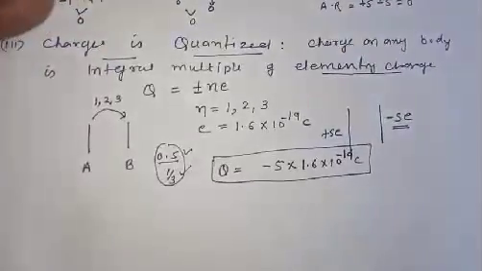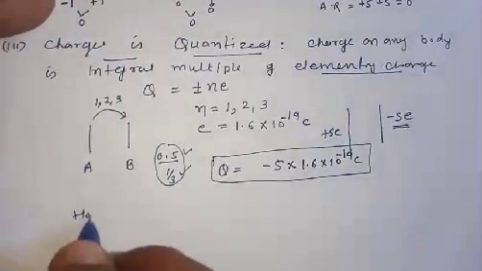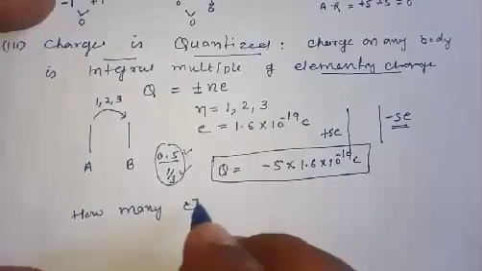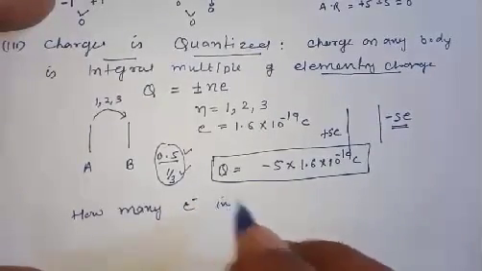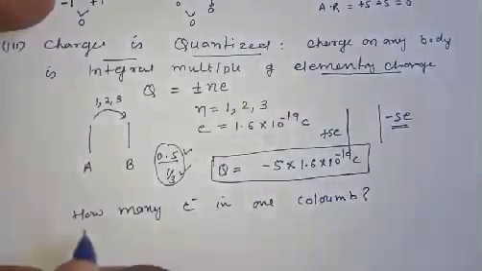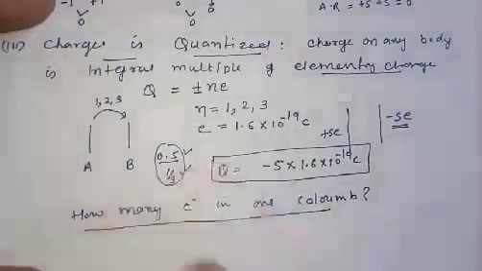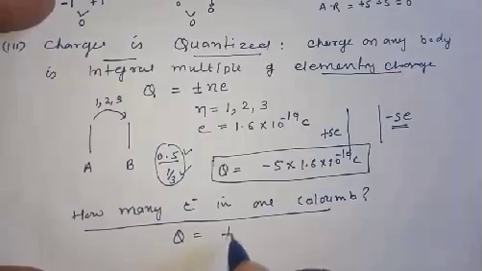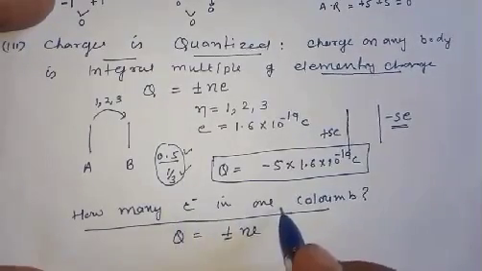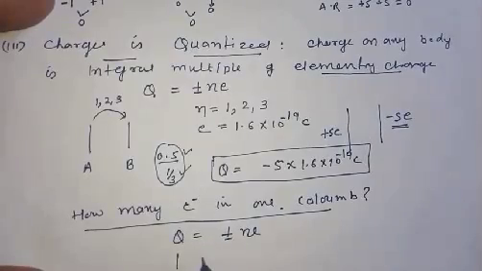Also, one question comes up: how many electrons are in 1 coulomb? We will apply the same formula, Q equal to plus minus Ne. Charge is given as 1 coulomb, and the number of electrons is asked.